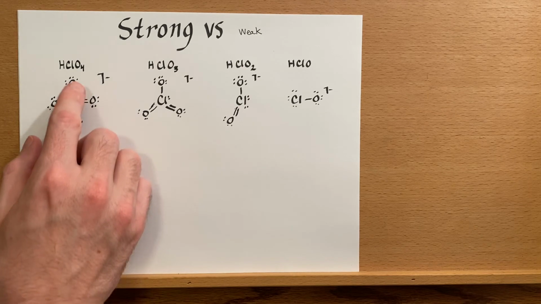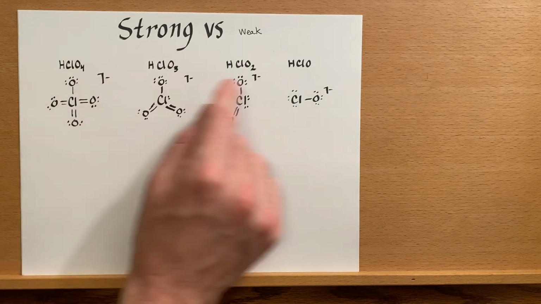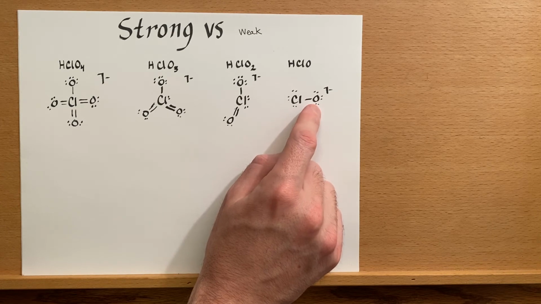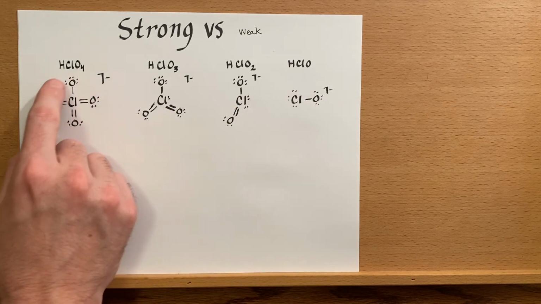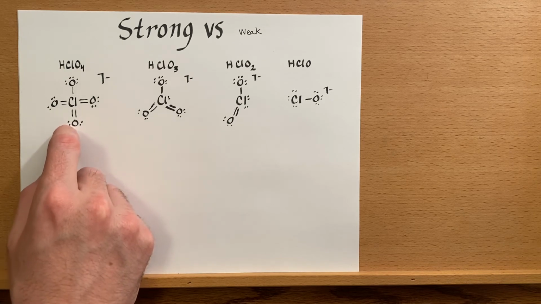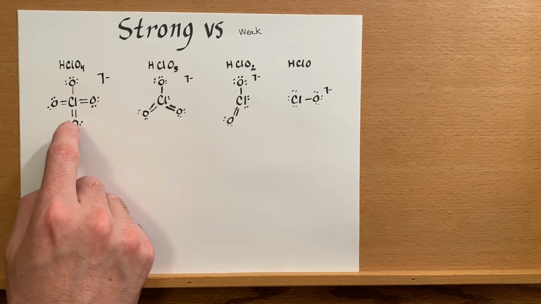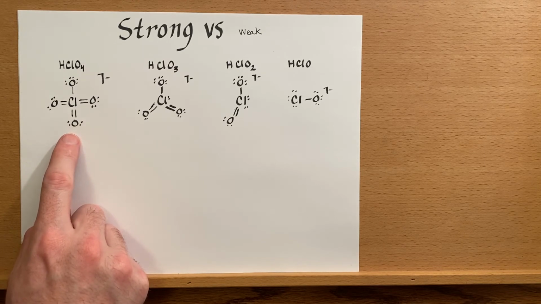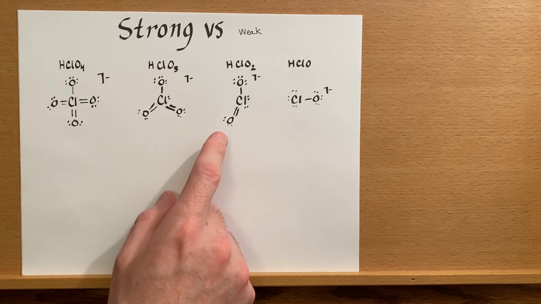If that negative charge is focused in one position, like it is here, that hydrogen will be very attracted to that particular oxygen. Much less so over here because the charge is spread out. That stabilizes the charge and makes it easier for this ion to exist in a solution. And then these are in the middle.